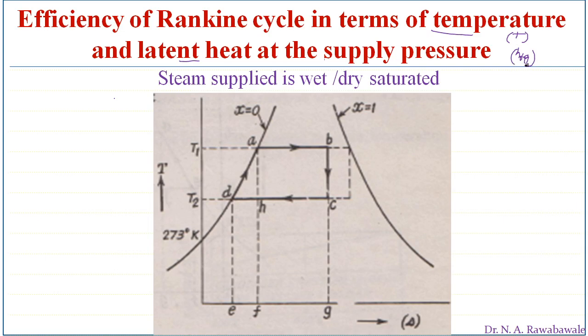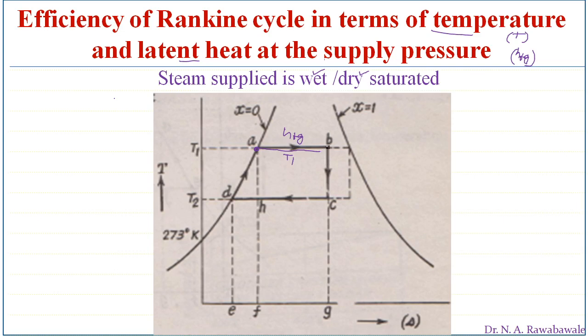So the equation of efficiency is represented in terms of temperature and latent heat. Here, when steam is supplied wet, first we will consider this wet steam as the supply steam and afterwards we will convert this wet steam to dry saturated steam. Here the water, which is saturated liquid, is supplied with latent heat of vaporization, that is HFG, at temperature T1, where T1 is the higher temperature.